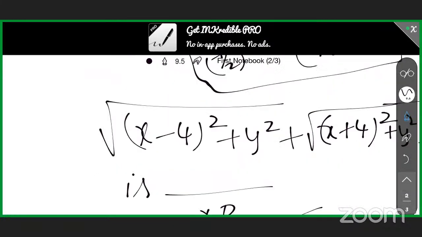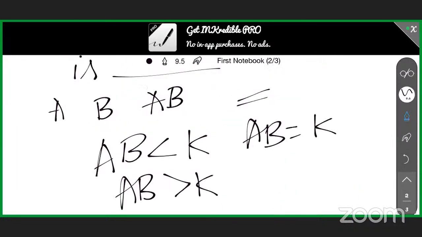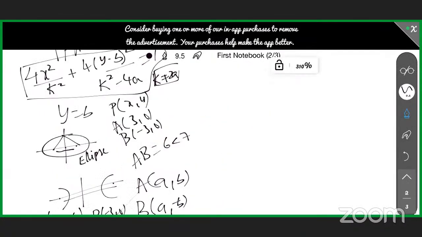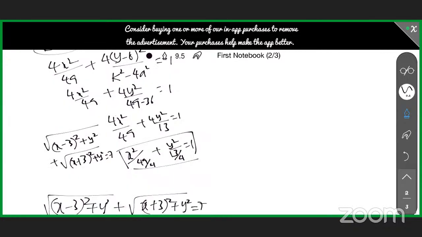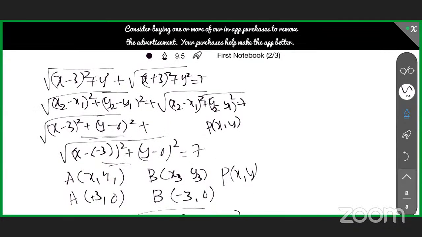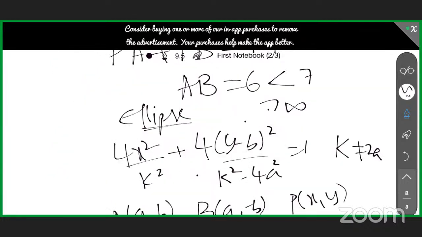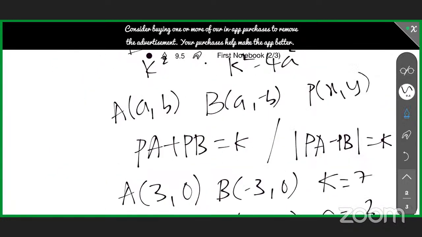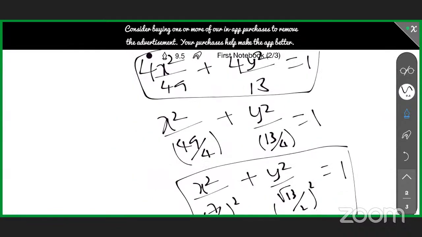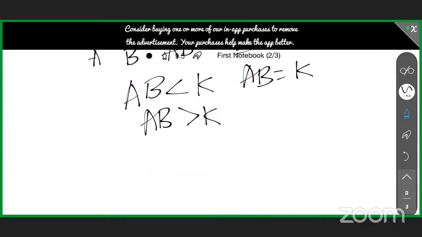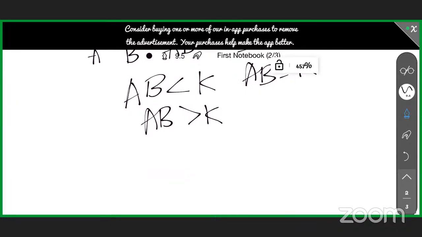So AB is equal to K. That means what happens?